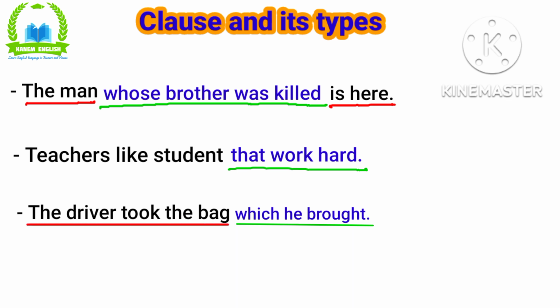This dependent clause requires the main clause to complete its meaning. Main clauses are clauses that can stand on their own. Therefore, dependent clauses depend on the main clauses because they do not on their own express a complete thought. They need the main clause to complete their meaning.